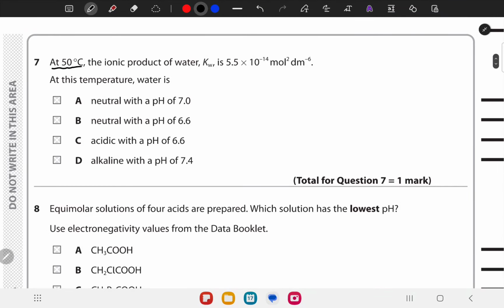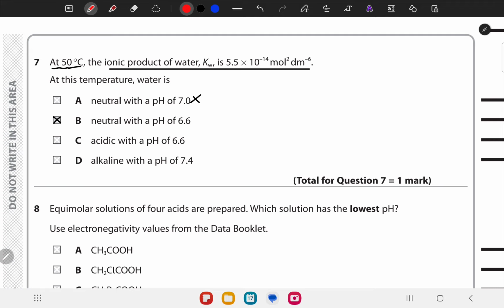Now we're told that at 50 degrees Celsius the ionic product of water is over here. Since this is not room temperature, the pH of water will not be 7. And since we are told that this is water, we didn't add anything, it must be neutral. So B is our answer.